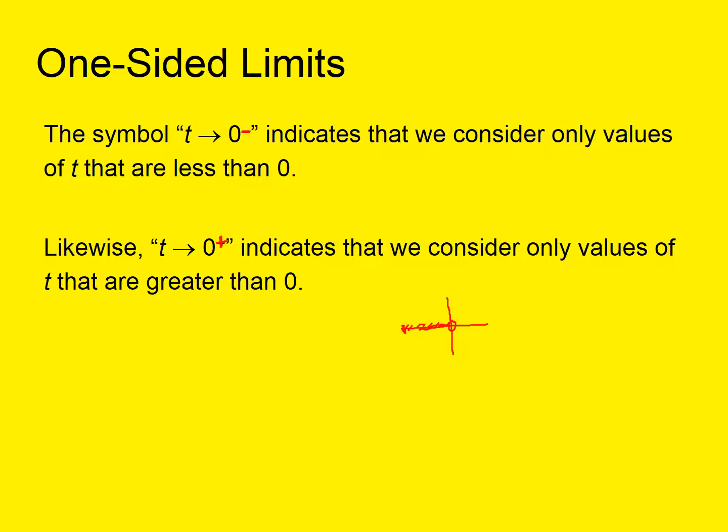But on the right, we've got this. And so there's a direction to it, right? This is the t-axis here, t is approaching 0 from the left. From the right, if you've got the plus sign right there.